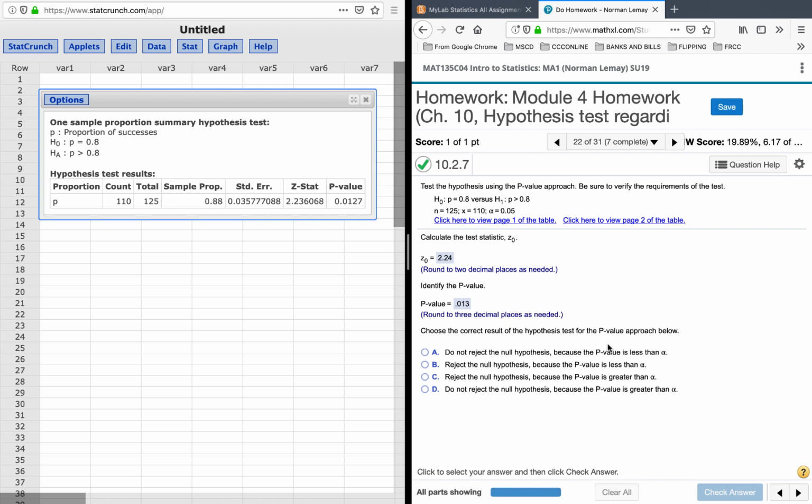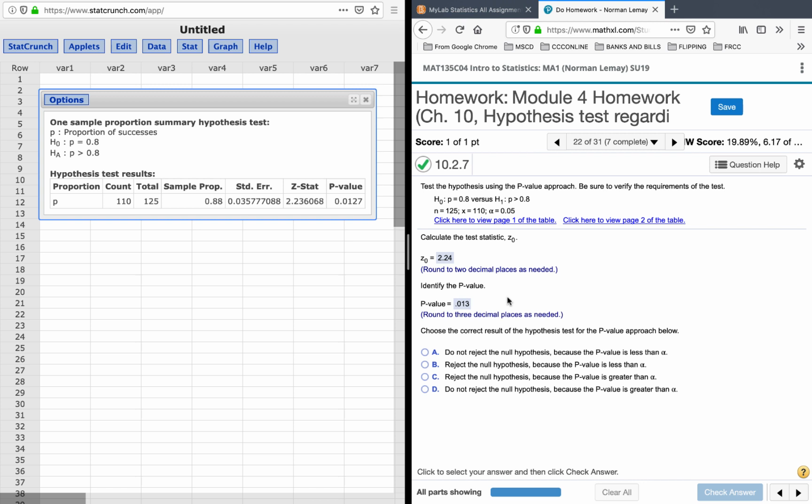All right, so now we have to make a decision. This is where the decision making regarding p-values comes in. Recall that to make decisions with p-values, we reject the null in favor of the alternative when the p-value is smaller than the alpha level, and we fail to reject the null when the p-value is greater than or equal to the alpha level.